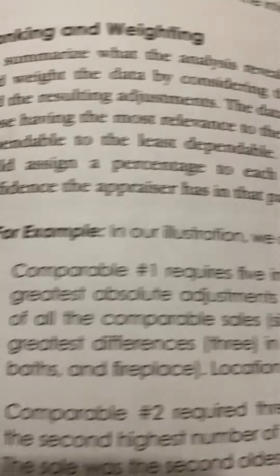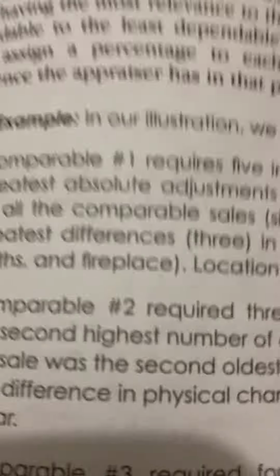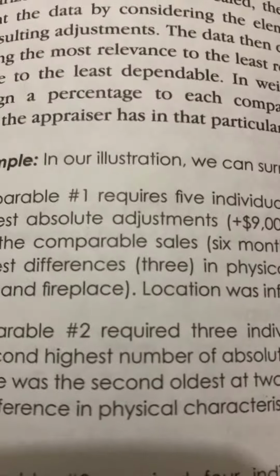For example, in our illustration, we can surmise the following. Comparable number 1 required 5 individual adjustments, and the greatest absolute adjustments, plus $9,000.